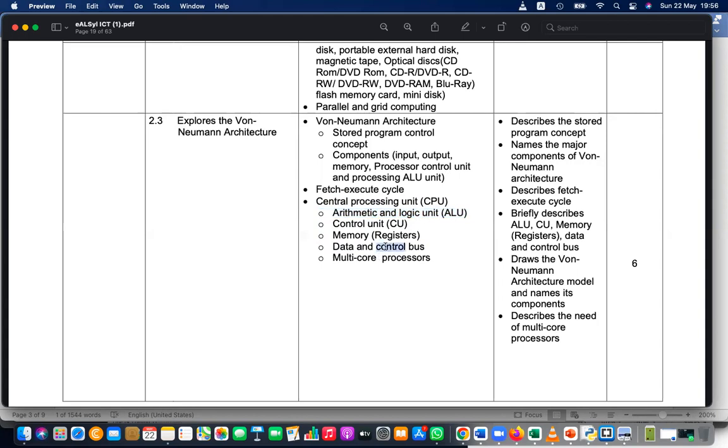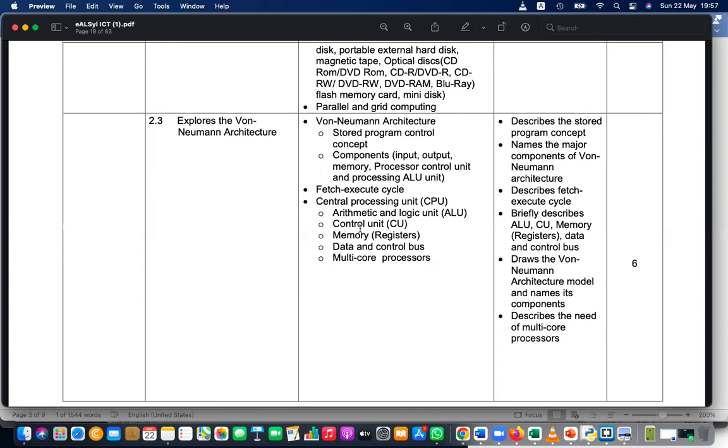Control buses are sending the signals. What are multi-core processors? There can be multiple processing units inside a single chip, like dual core, quad core, hexacore, octa-core, deca-core.